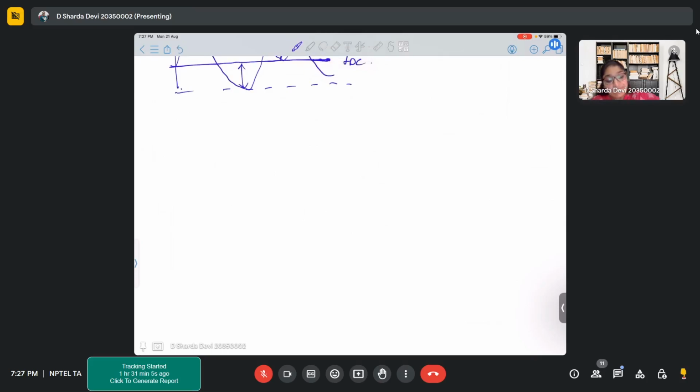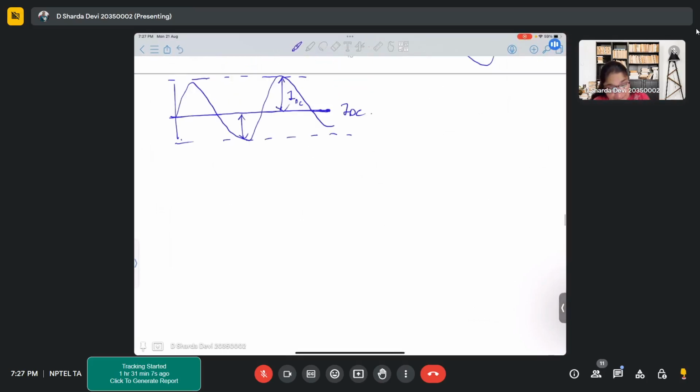No worries. So the minimum trough that we can have in terms of current is also IDC. So these are the extreme cases that we can have.